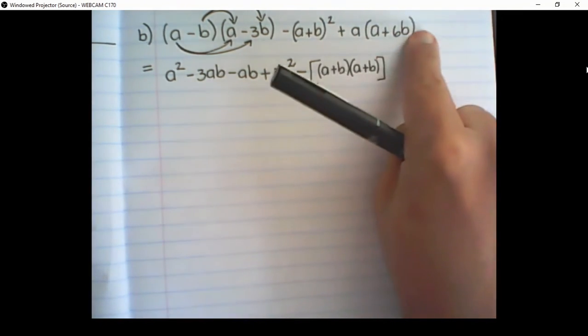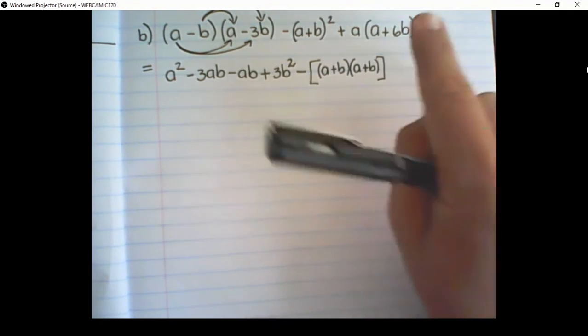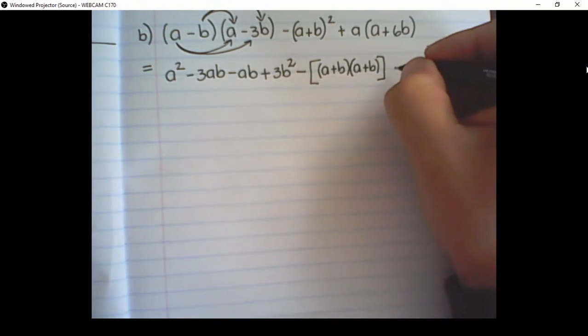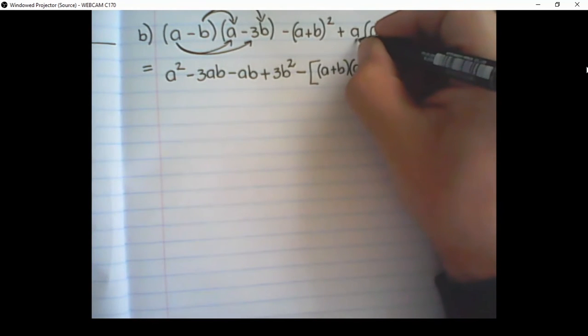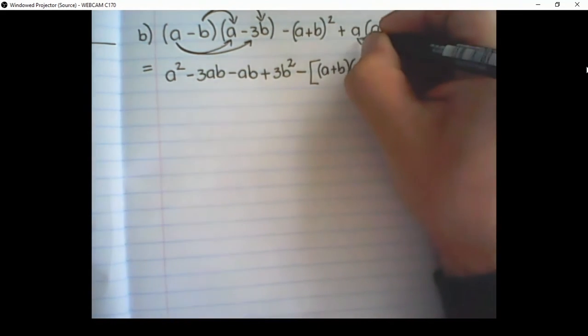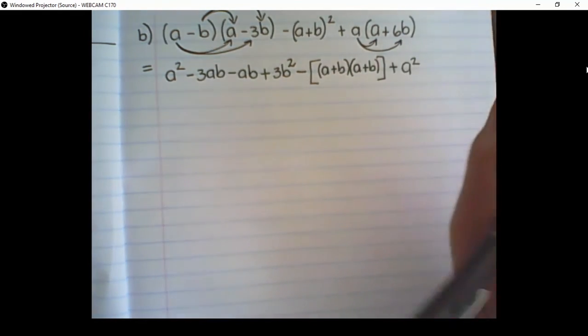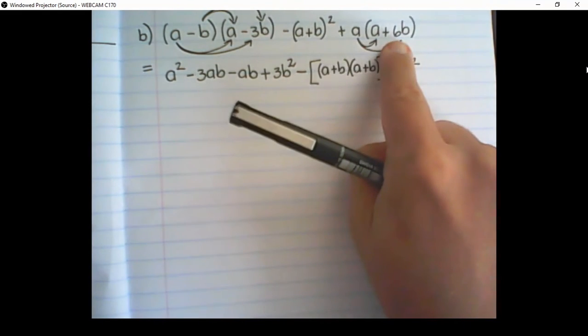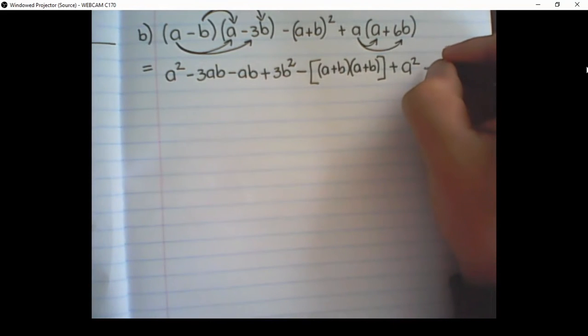Our third term that we need to multiply is easy because we can add it. So it's a times a, which is a squared, a times 6b, which is plus 6ab.